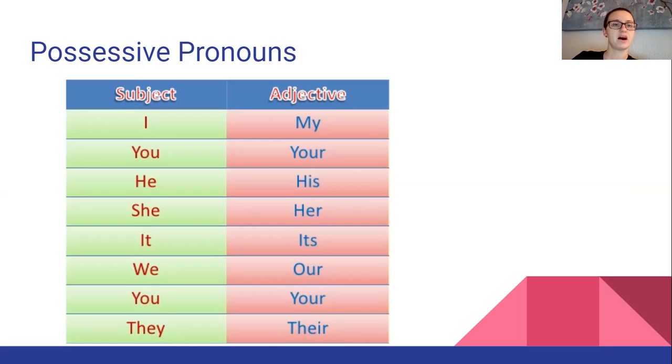Our possessive pronouns are also called possessive adjectives. You can see this right here. They are my, your, his, her, its, our, your, and their.